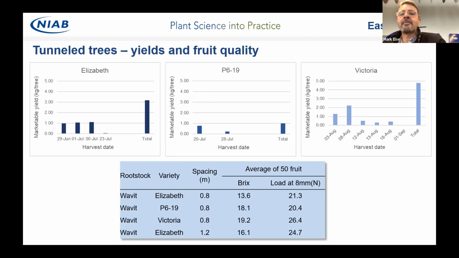Around 3 kilograms per tree for Elizabeth, low yields for P619, and about 5 kilograms a tree for Victoria. Again, the main aim there is to try to bring those trees back into balance for the current cropping season. You can also see some data on the Brix values that we saw, and also the firmness as well.